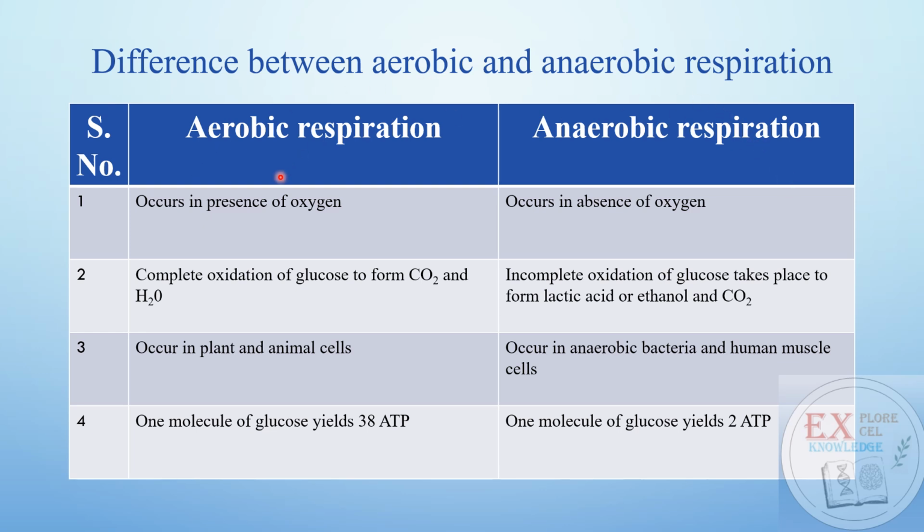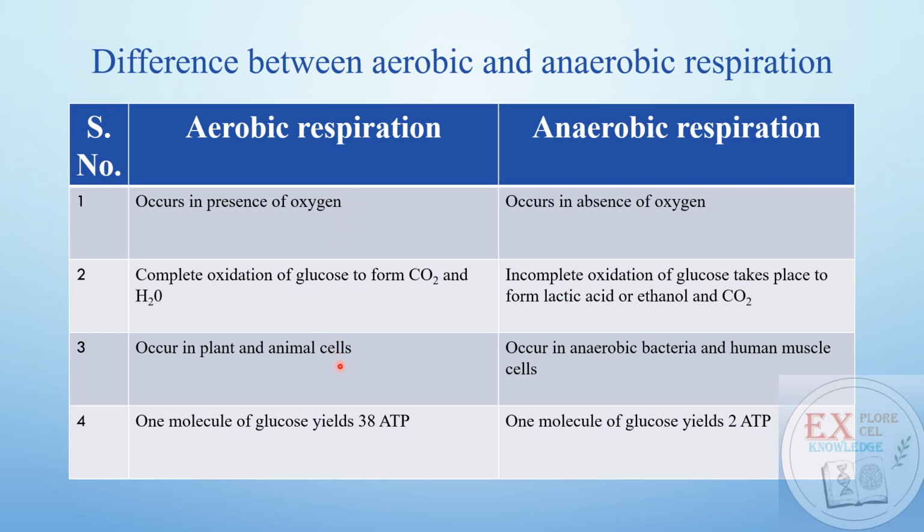Aerobic respiration takes place in the presence of oxygen, whereas anaerobic respiration takes place in the absence of oxygen. Here, the glucose is completely oxidized to carbon dioxide and water, whereas in anaerobic respiration, incomplete oxidation of glucose takes place to form lactic acid or ethanol and carbon dioxide.